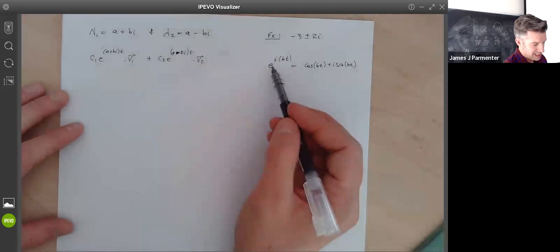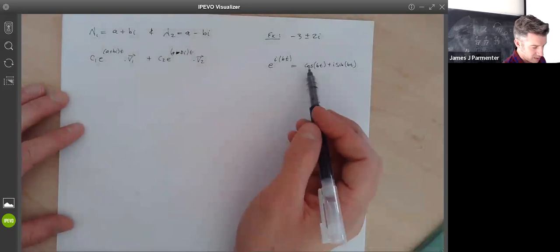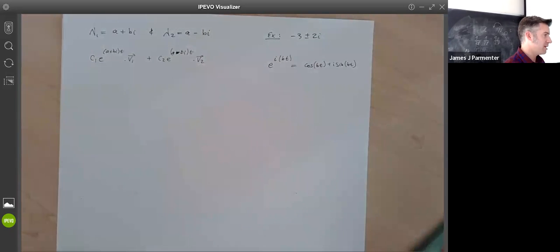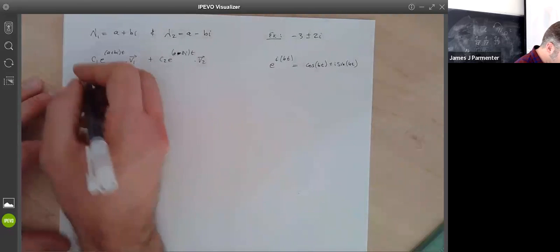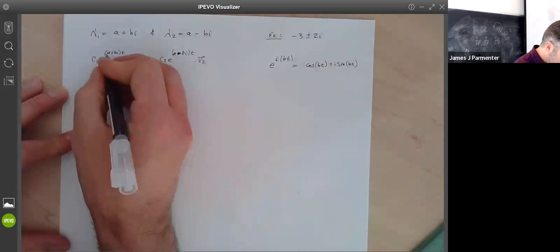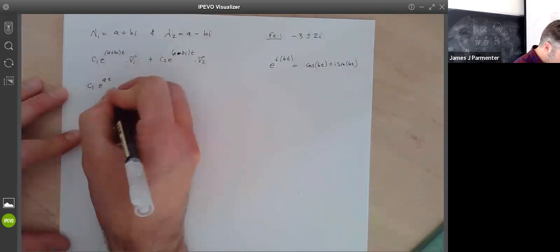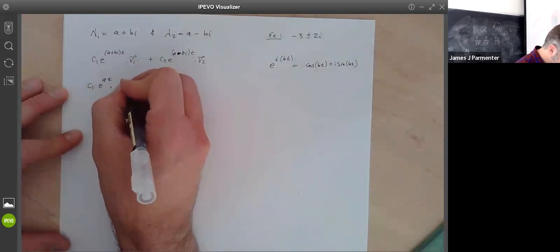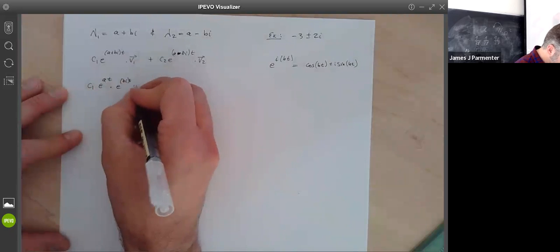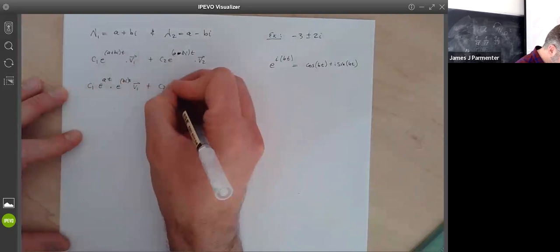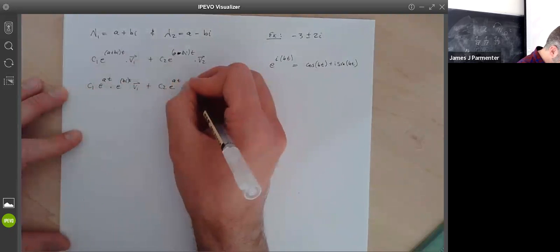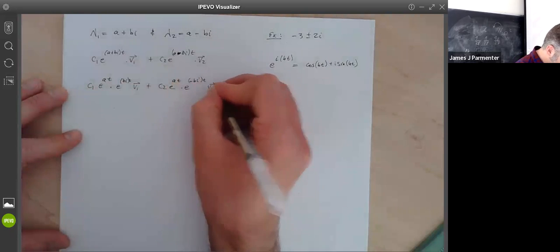So it's true that e to the i times something is cosine of the thing plus i sine of the thing. People often write e to the i theta because you're taking cosine of the angle and sine of the angle. But the point is that this boils down to C1 e to the at times e to the bi times t times V1 plus C2 e to the at times e to the negative bi times t times V2.